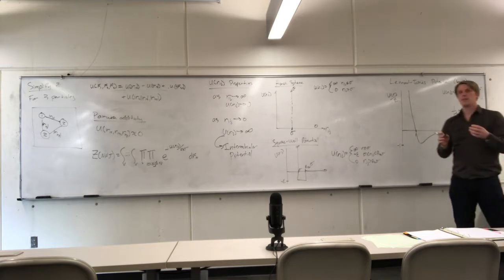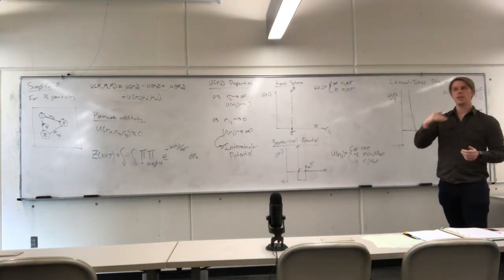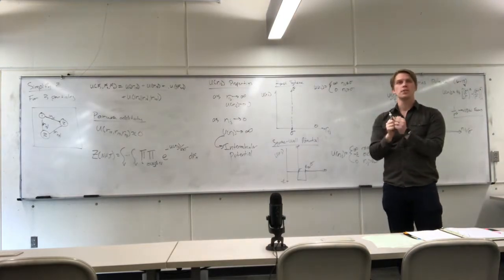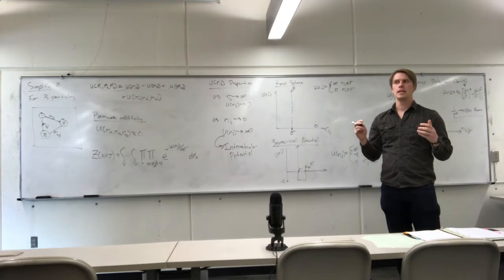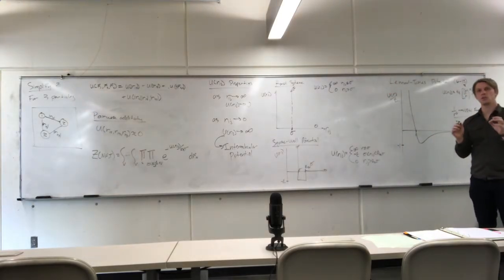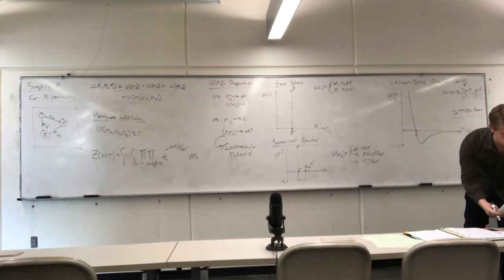So if we have a refrigeration cycle, in a refrigeration cycle, what we're doing is we're compressing a gas, and then we're expanding it. Now the key thing here is what they call the Joule-Thomson coefficient.